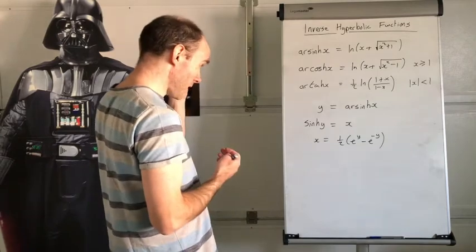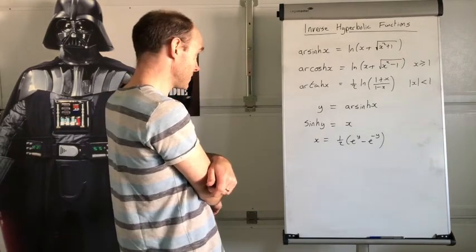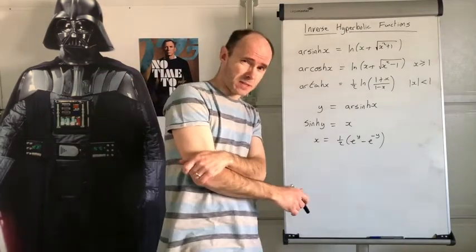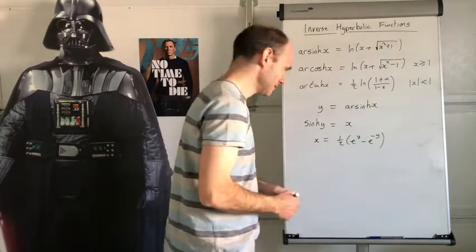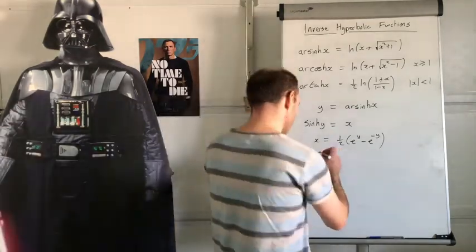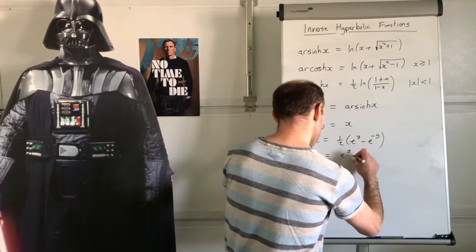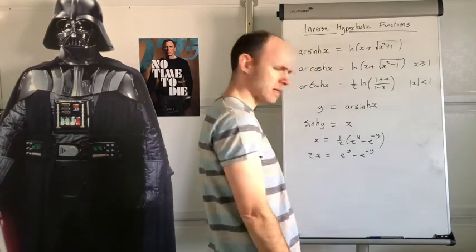What's our objective here? I want to make y the subject, basically. So I'm going to write 2x equals e^y minus e^(-y). You might think, how are you supposed to do that?